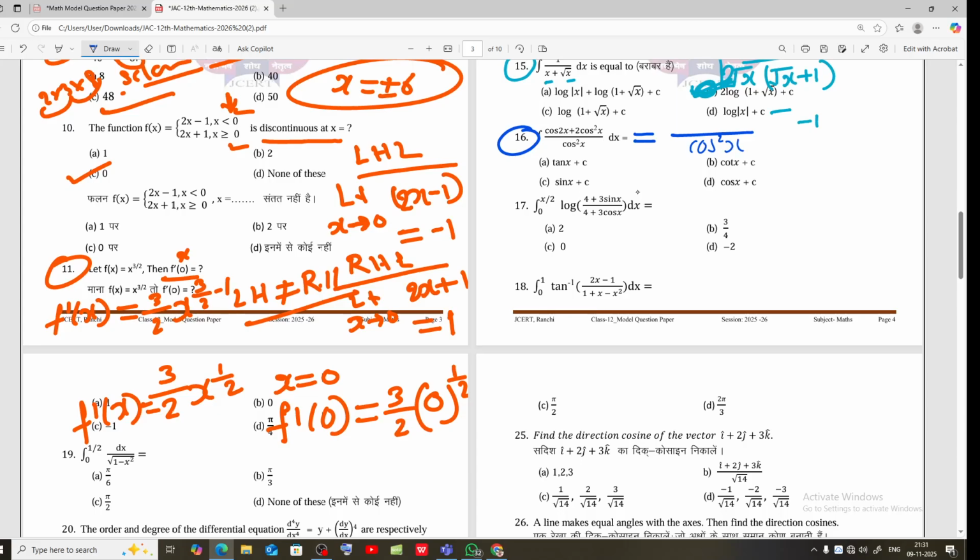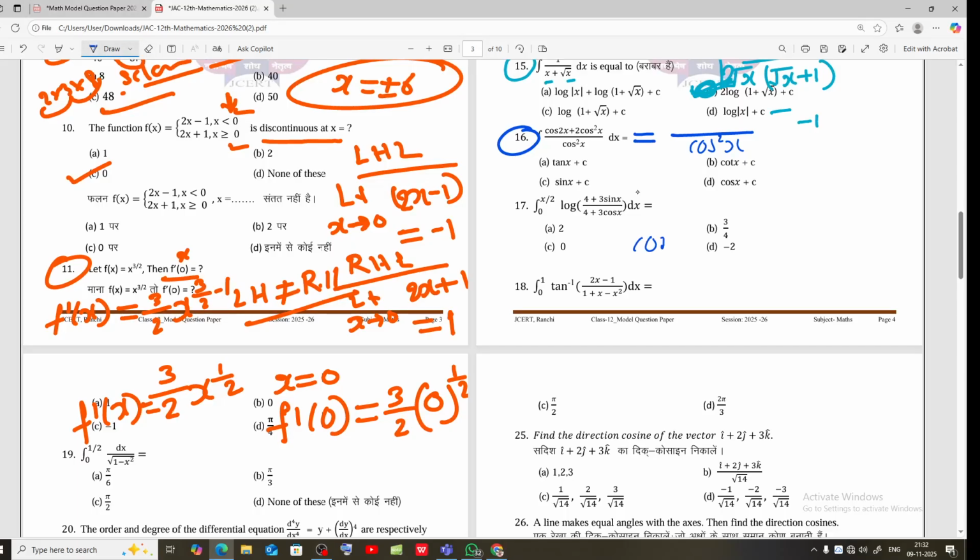Cos 2x can be written as 1 minus 2 sin square x, or also as 2 cos square x minus 1.